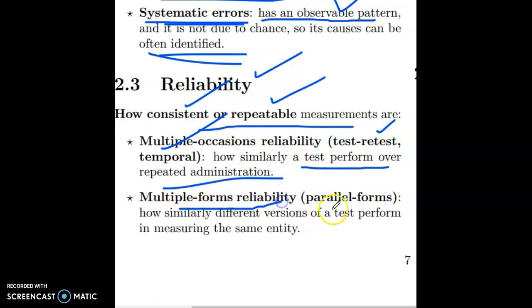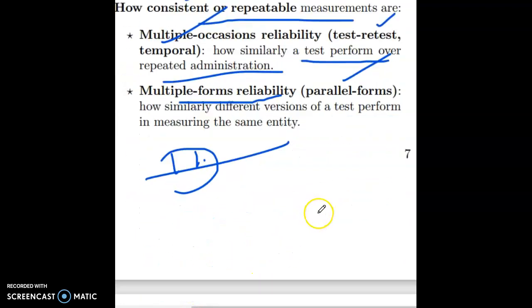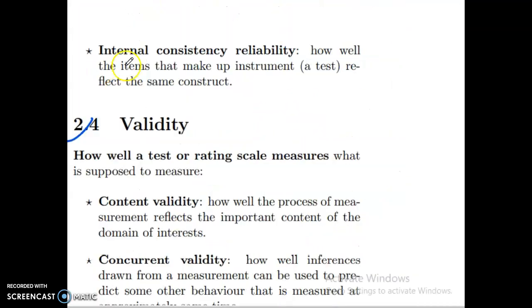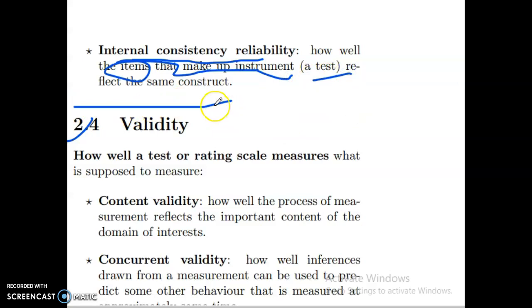Multiple forms, parallel forms reliability: how similarly different versions of a test perform in measuring the same entity. Internal consistency reliability: how well the items that make up an instrument or test reflect the same construct.